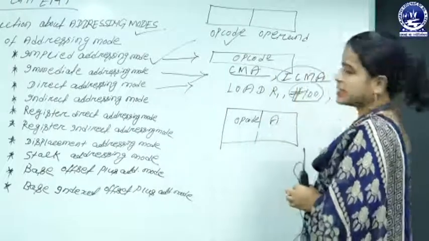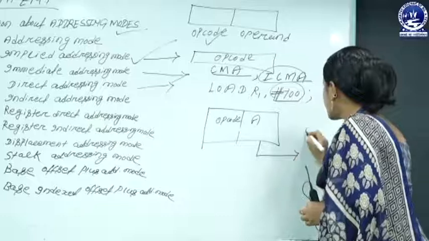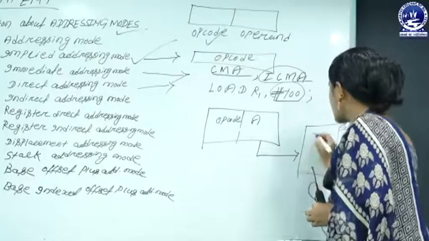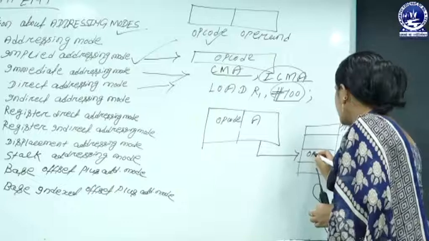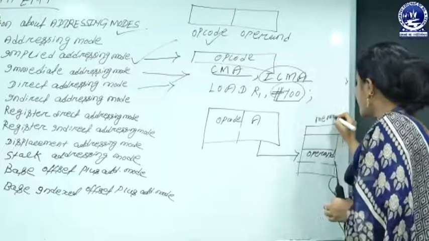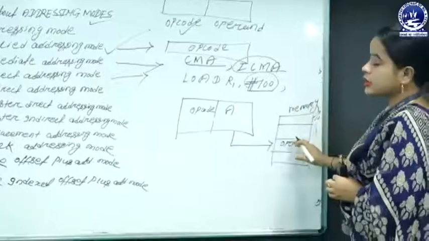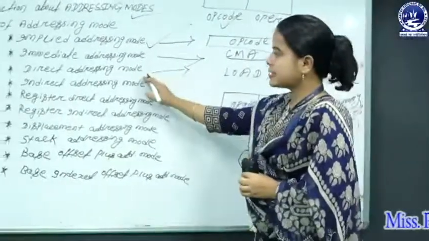Suppose here the operand is A. The operand address is directly mapped to the memory location where the operand A value is stored. That means the instruction holds the direct address of the given operand. So that is called direct addressing mode.